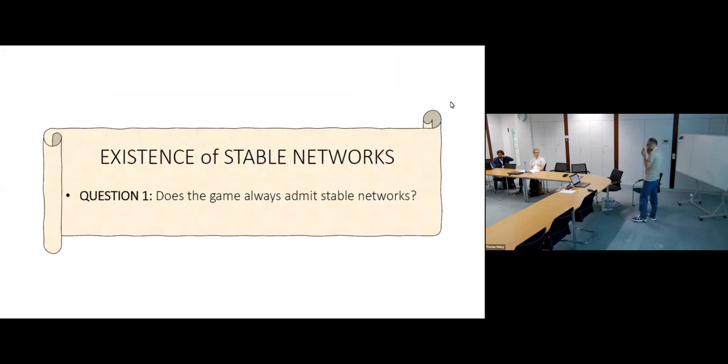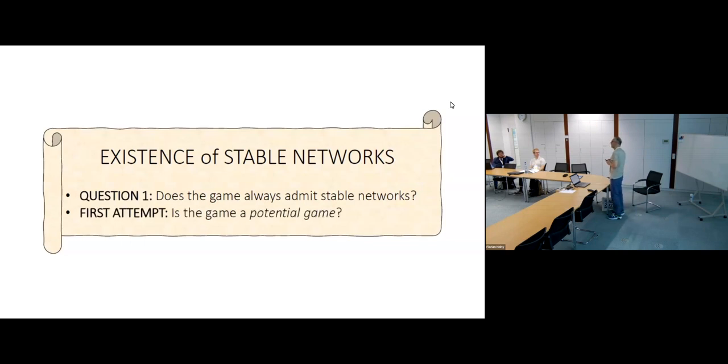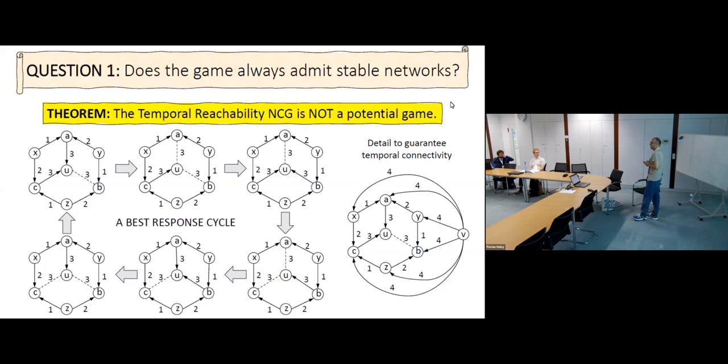So first of all, when we add the temporal aspects in the game, it is no longer a potential game. There is a theorem in our paper that proves that the temporal reachability network creation game is not a potential game in general. To prove this, we constructed a host graph and defined a strategy profile S that induces a non-stable network.